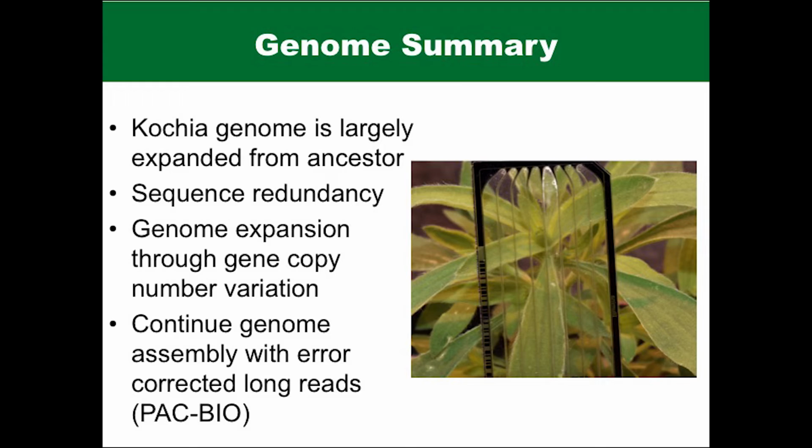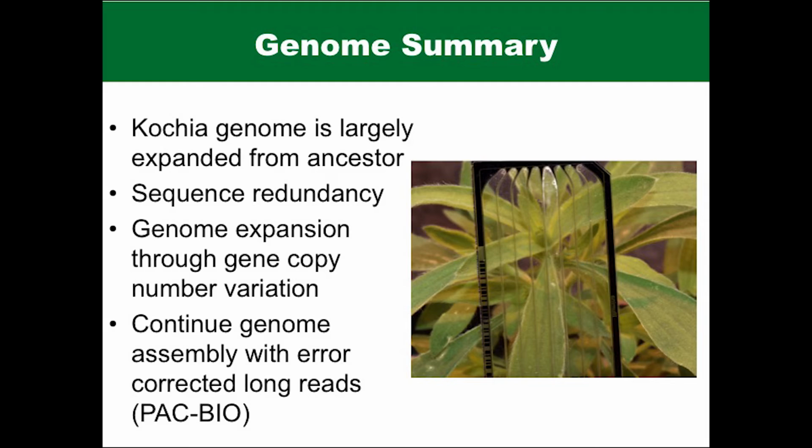We know that one way genome expansion can happen is through copy number variation. And perhaps that's something that's just very common in kochia, is this variation in copy number. Right now, we're working on continuing our genome assembly with the PacBio platform I mentioned at the start. One of the challenges with PacBio is you need very, very high quality DNA, much better than what you need for PCR, and even better really than what you need for Illumina, because it is sequencing those single strands.